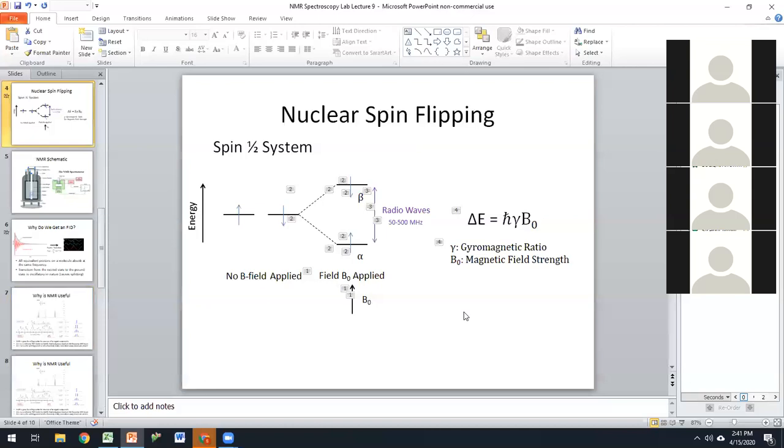Is a nucleus considered less receptive if the energy gap is smaller between the alpha and beta? By receptive, do you mean susceptible to transition?